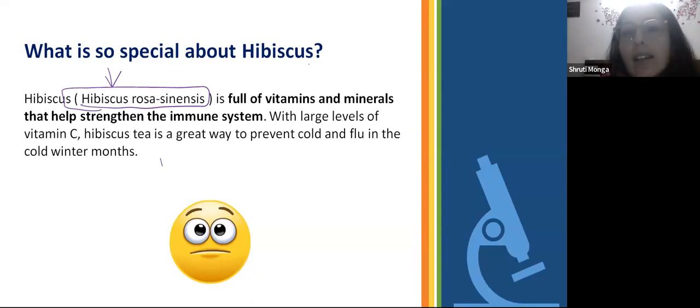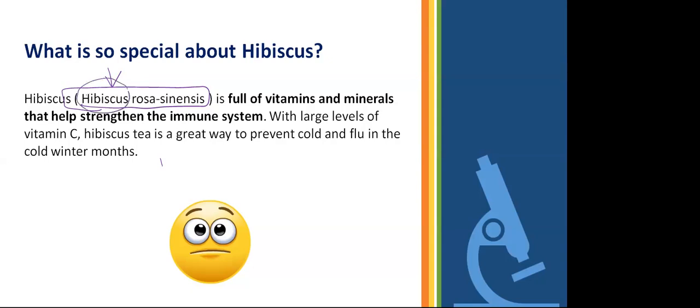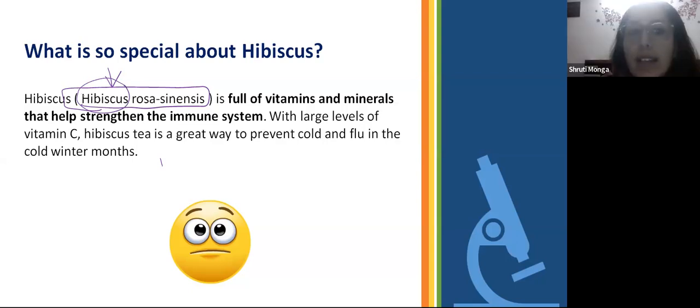It's not in your NCERT for now, but because the word has come, let me tell you, whenever you are writing a scientific name, the first letter of the first word, that is H, remains capital, and the first letter of the second word is small.